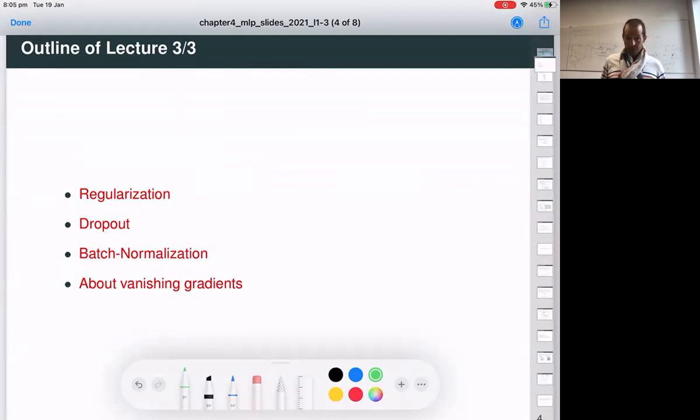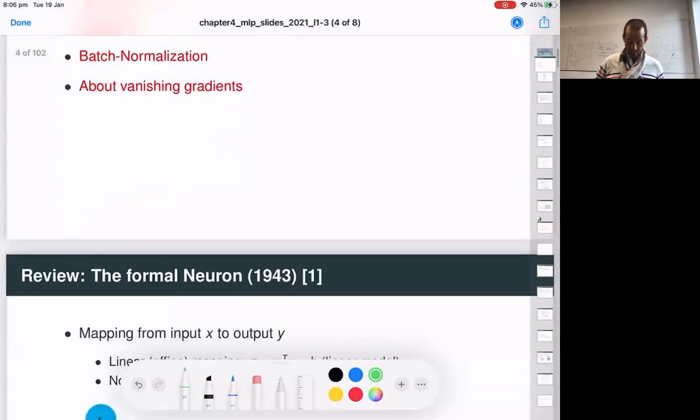We will see also the importance of batch normalization and some intuition about the vanishing gradient problem. And we finish on Friday with a tutorial. We can do a summary of all of this we will see today and tomorrow.